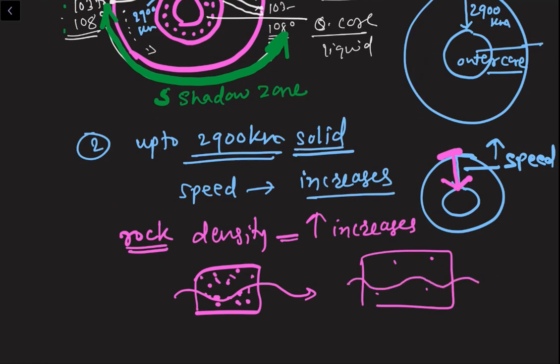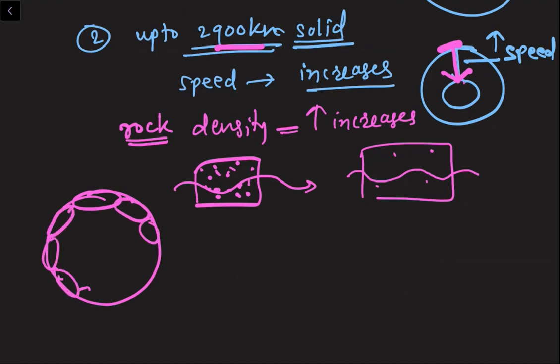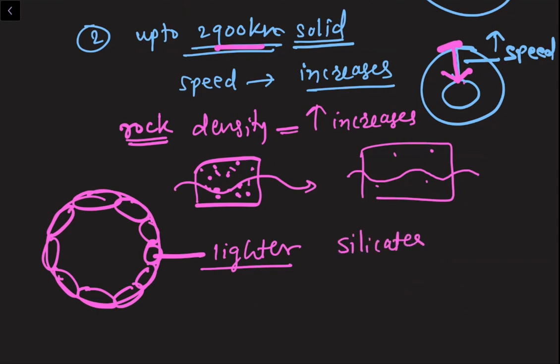So we are finding that up to 2900 kilometers, as you go deep, the speed slowly increases towards the core. Clear? This was the second evidence which shows that yes, towards the core of the earth there is denser material. Yesterday we understood that the outer layer of the earth, the earth's crust, is very light. It is made up of silicates, called sial, silica and aluminium.